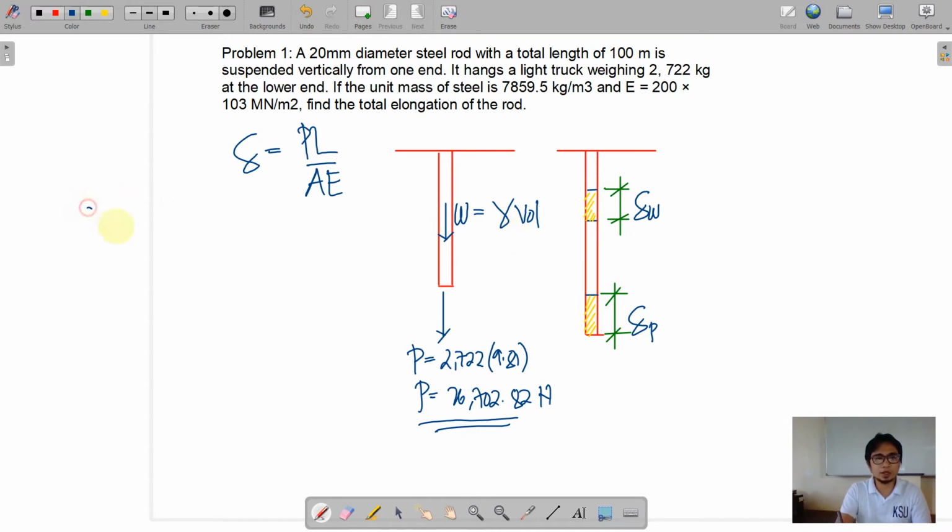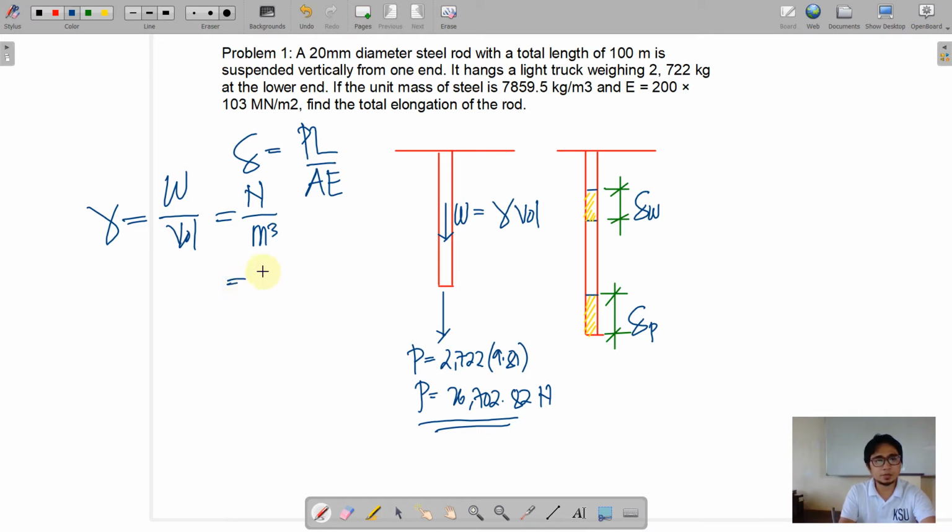The unit weight, for your info, is weight over volume. So the unit here is weight, of course, first, over cubic meter, or if you want, Newton per millimeter cube.